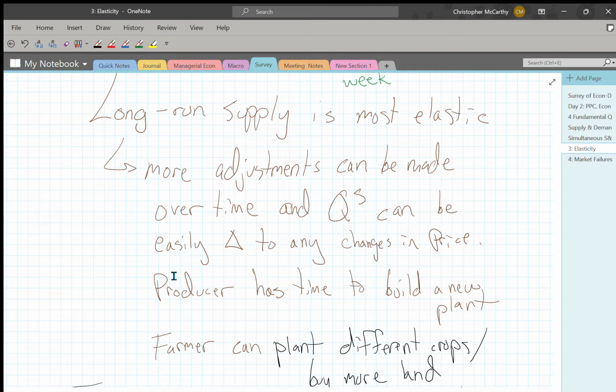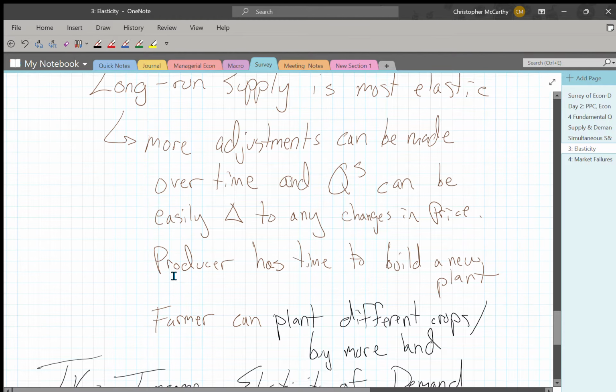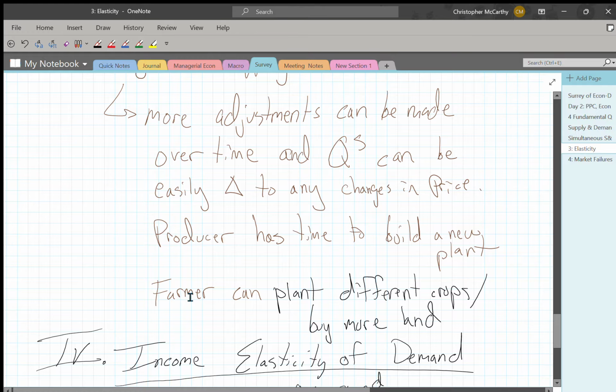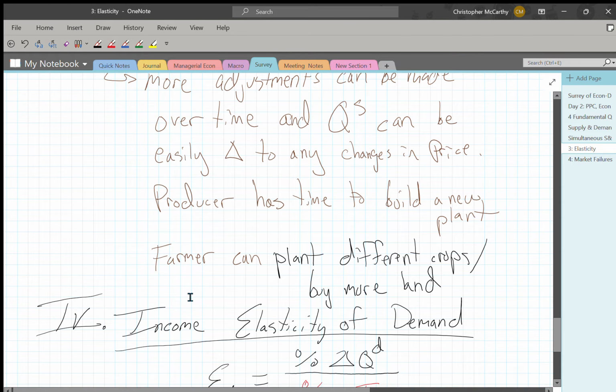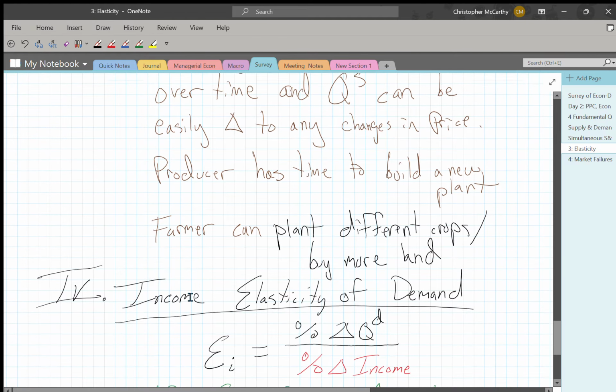So if they're making semi-trailer, tractor-trailer tires, and all of a sudden the price for auto tires increases, how quickly can they change to making auto tires instead? Same thing with farmers. How quickly can farmers plant a different crop if they see that the price of a different crop has increased?